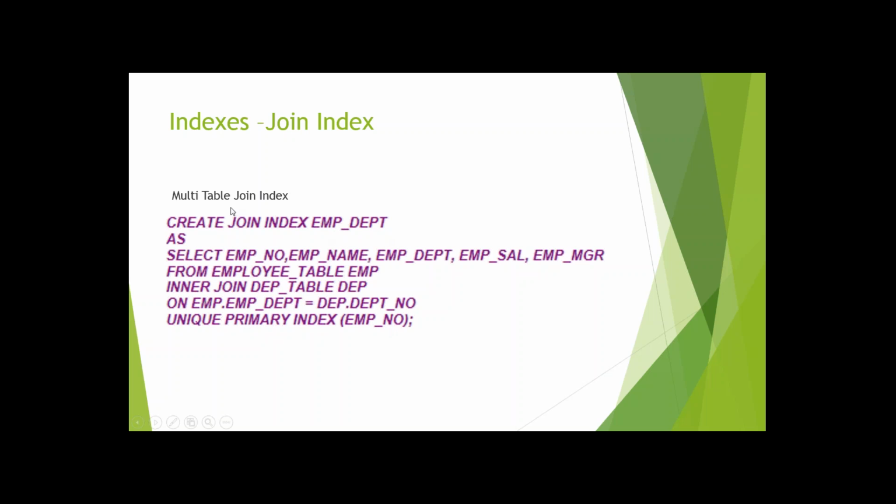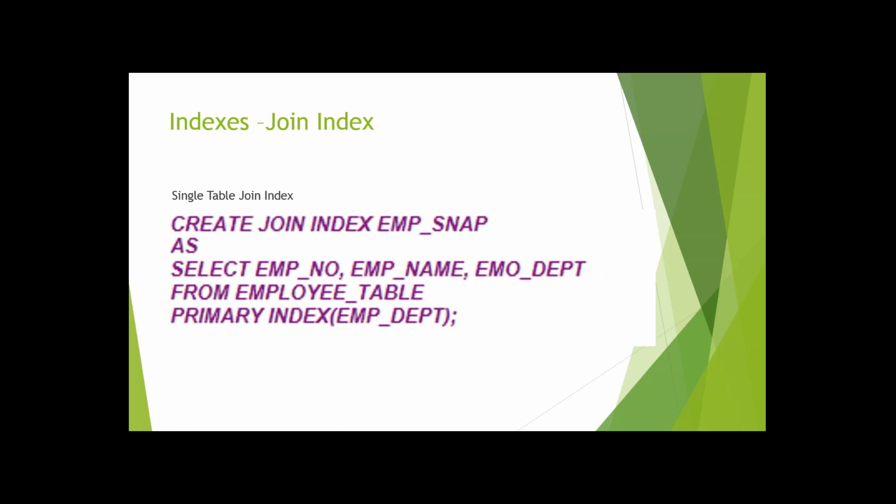Now, single table join index is nothing but, okay, the primary index for the employee table is employee number. We know that. Now I can create a join index which is going to select the data from employee table, then distribute it based on the employee department.